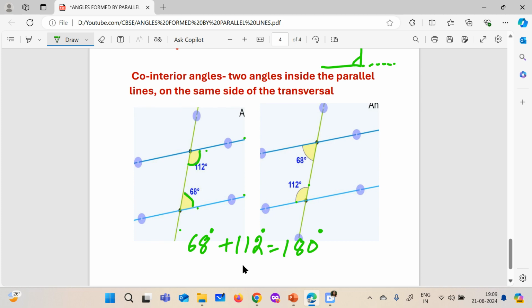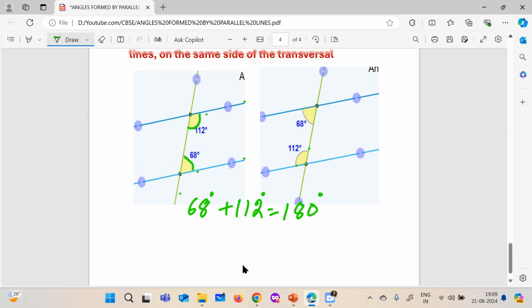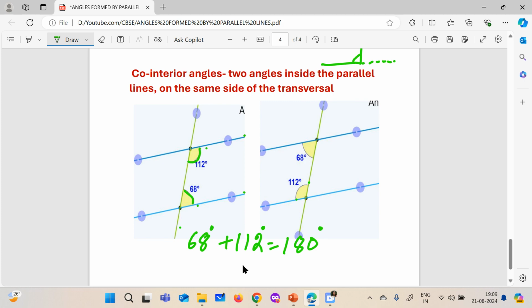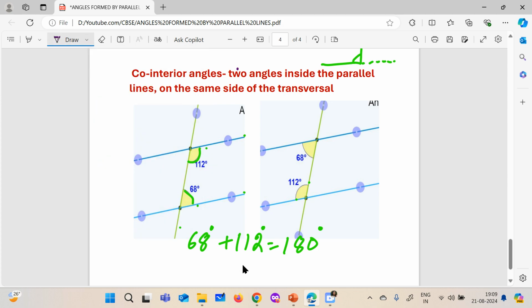Okay. Now, so these were a few angles. There is one more angle left when we speak about the angles formed by the transversal line on a pair of parallel lines. We call it vertically opposite angles. So another kind of angle is the vertically opposite angle.